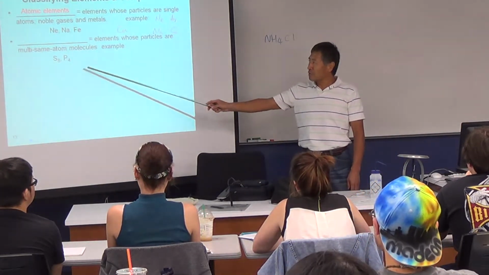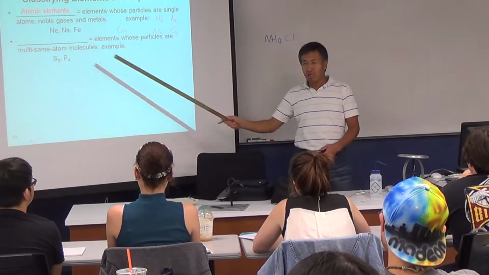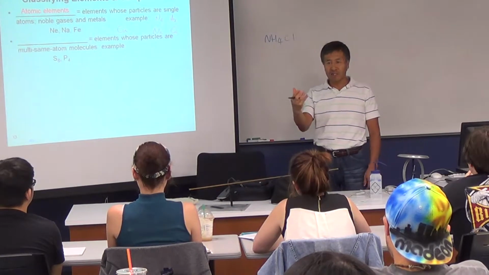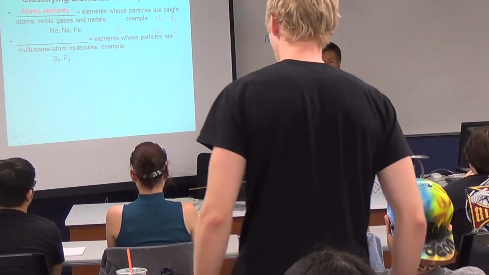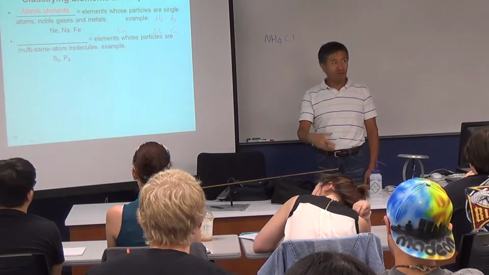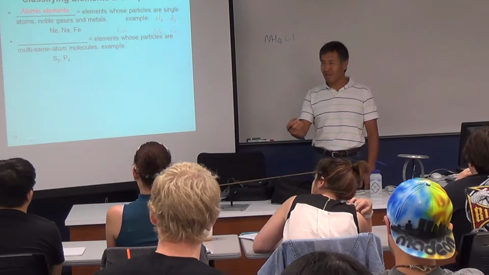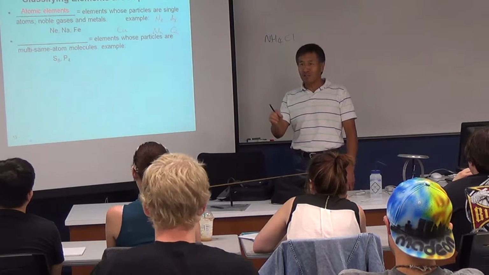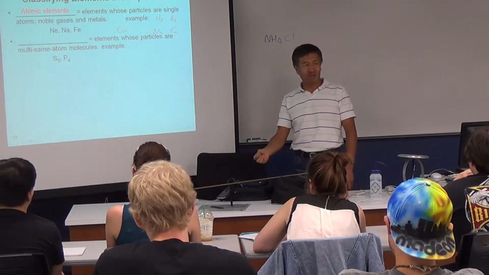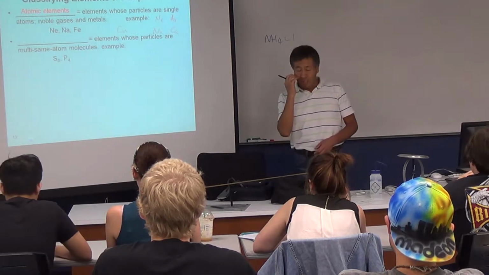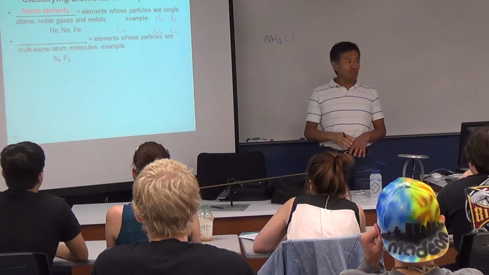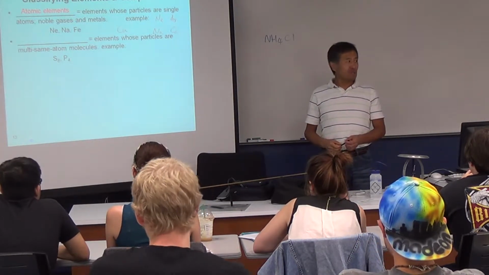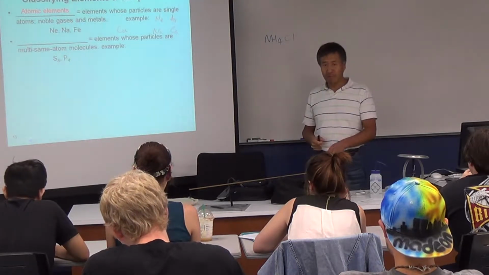Some of those, like S8, really exist in sulfur. If you have a chunk of sulfur, a block of sulfur, you know there's S in it, and the S exists as what? It's not really one sulfur atom, another sulfur atom like those noble gases. It's actually 8 sulfur atoms producing a cyclic structure, and that's the sulfur molecule, right?